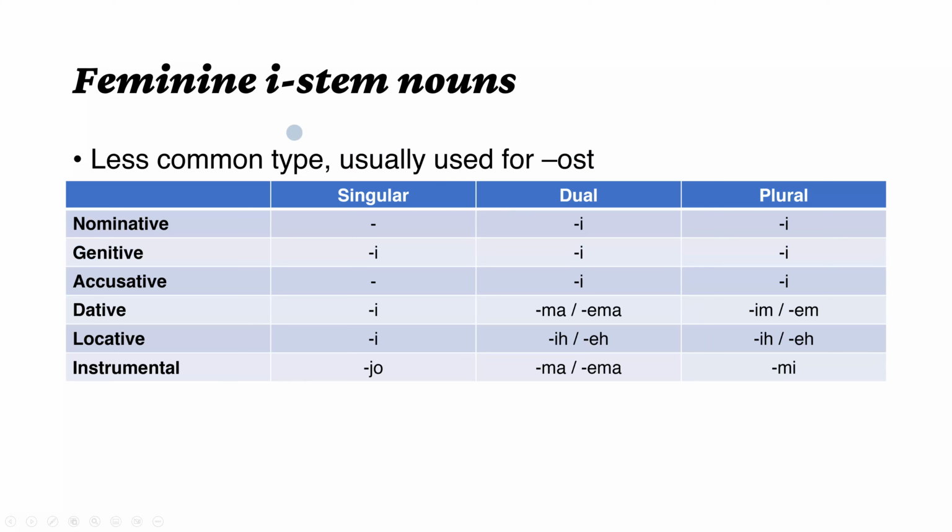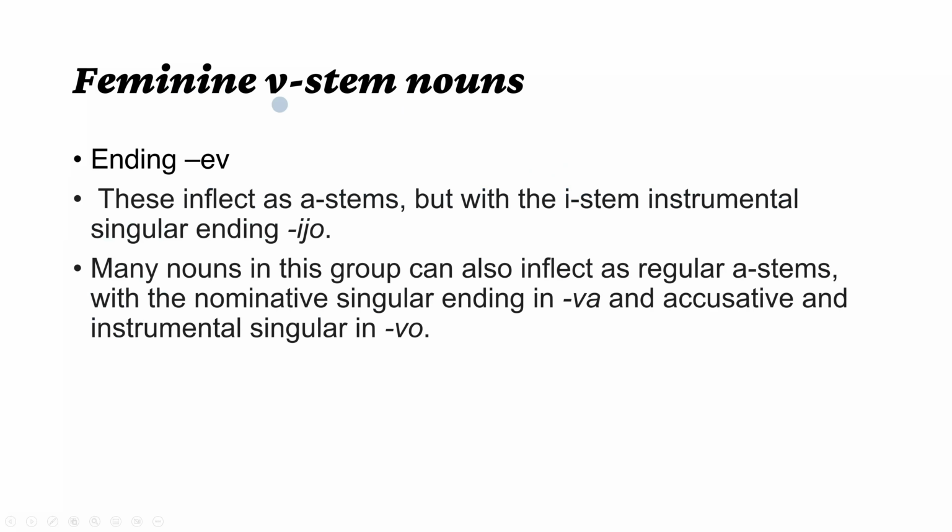Then we have feminine i stem nouns. These are less common and usually end with os. And we have feminine v stem nouns. These end in ev. For instance, the word briskel.